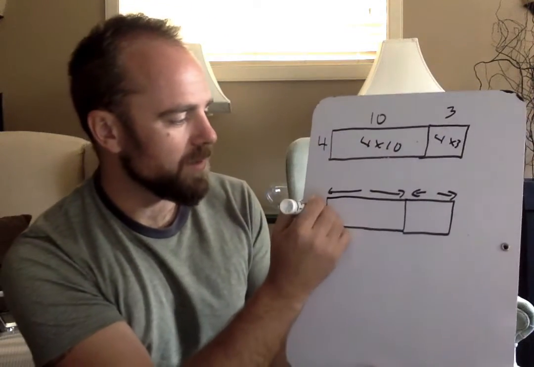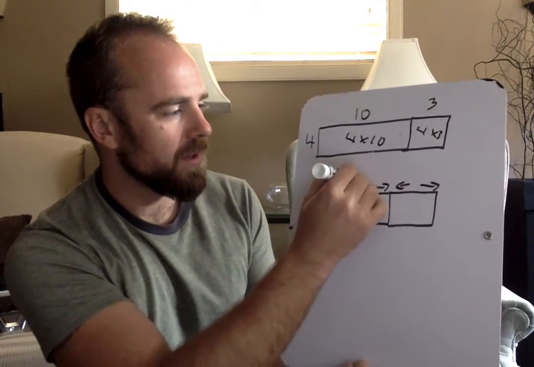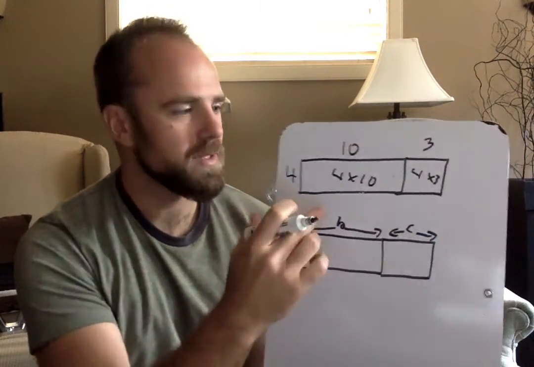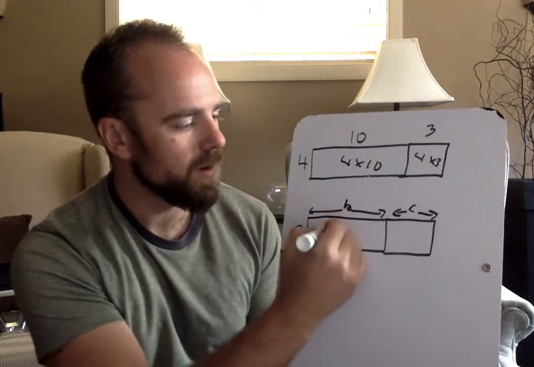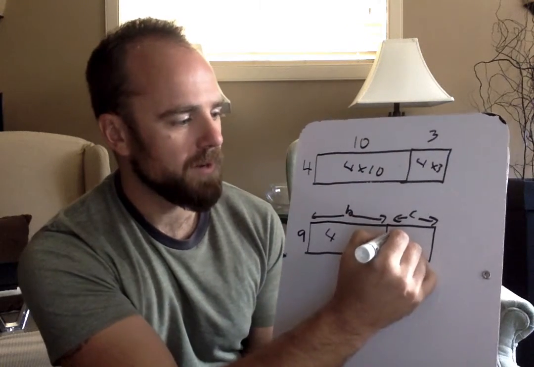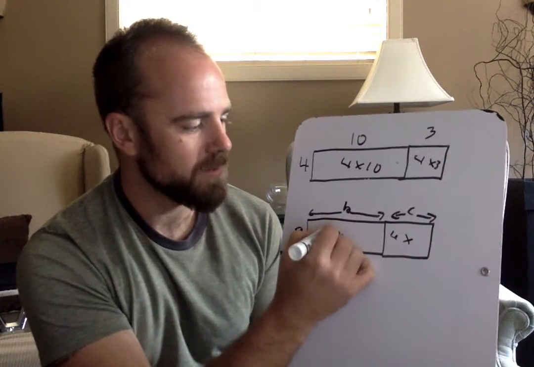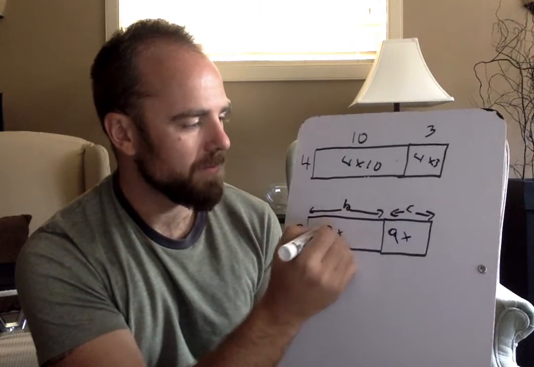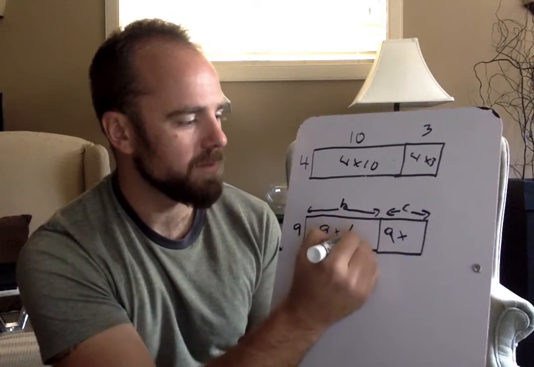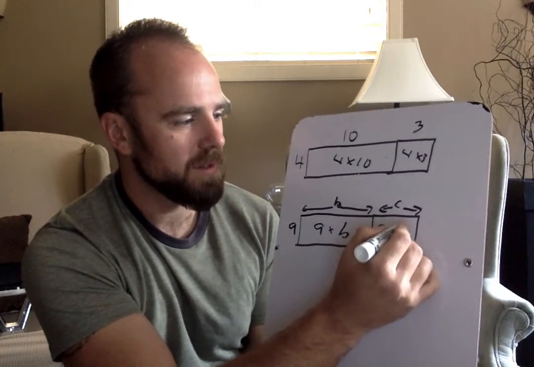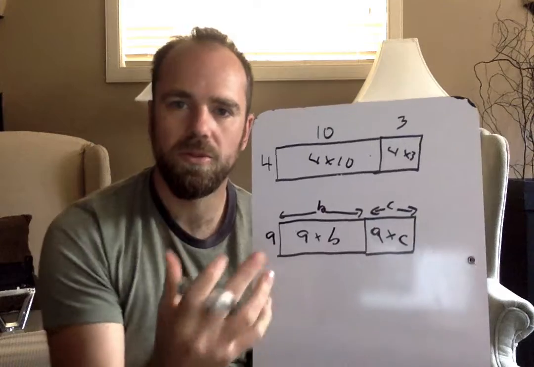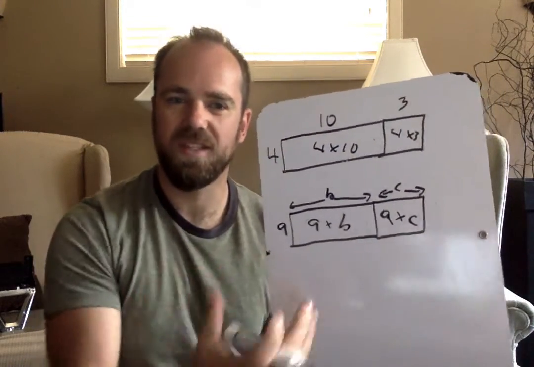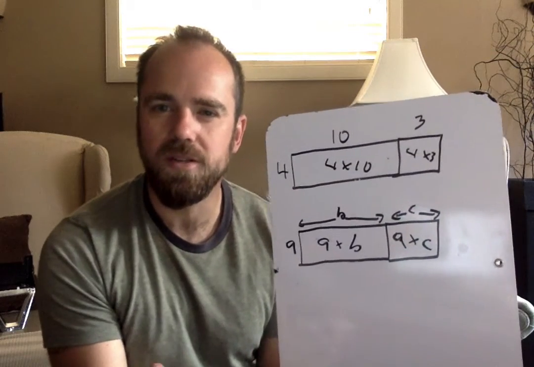For example, let's say that we have A, and then B, and then C. Same as above, if A is 4, here we have 4 times A, with 10 being B, times B, and 3 being C, times C. What we're trying to do is break it down into easier components, numbers that are easier to work with.